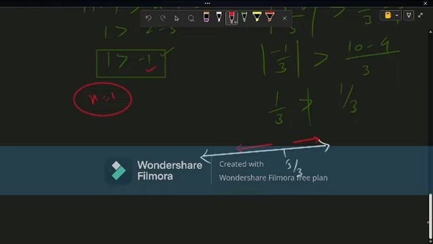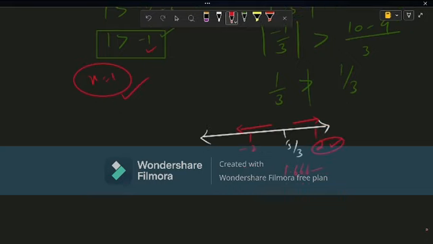But I have to check for 5 by 3 to the right and to the left. 5 by 3 is approximately 1.6661. So to the right, for example, I'm choosing the value 2, and I have to check the answer for this 2. And to the left I have to choose, for example, minus 2. Let's choose it and check for which value it is going to hold.